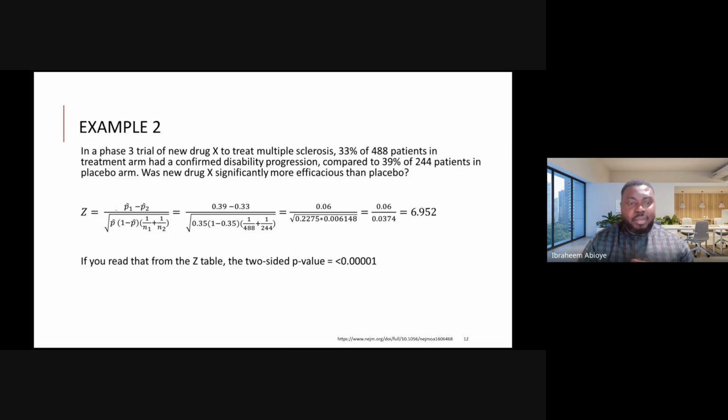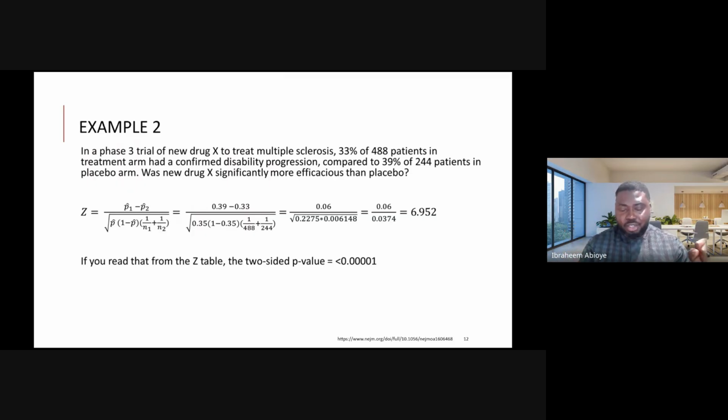Okay, so let me take that again. Sometimes we want to compare two proportions. Ideally, these should be independent proportions. And so that means in the context of randomized trials, you have two study arms or study groups.